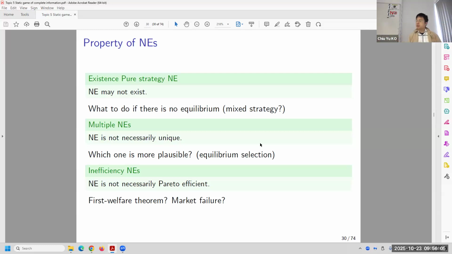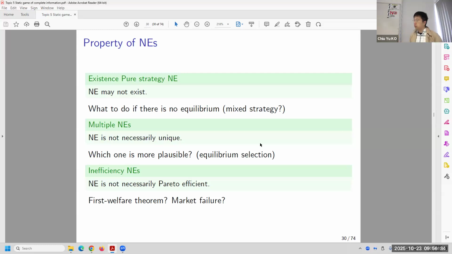And the last one is inefficiency. That means that the equilibrium is not efficient. That actually implies two things. One is if you are in a business application, you should be able to design a game or introduce some new mechanism to improve it, right? If you're a firm owner, you see how the firm is organized is not efficient, you should make it behave more efficiently, right?